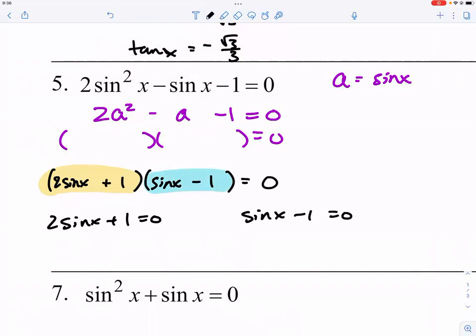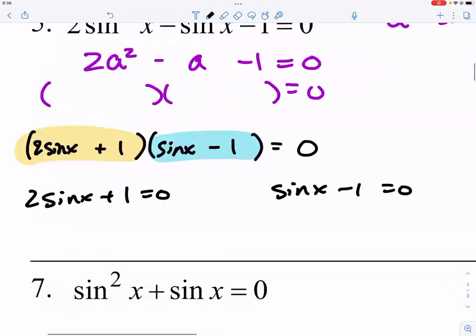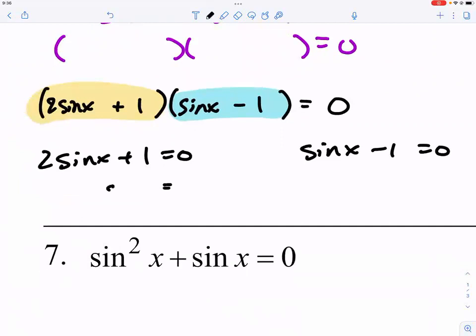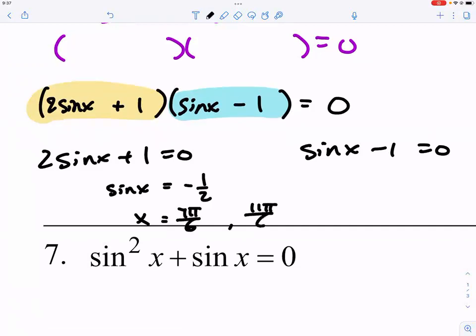So you go ahead and explore the possibilities for these x's. Sine x is equal to negative 1/2. What could the x values be to give us negative 1/2? That would be 7 pi over 6, and also 11 pi over 6.